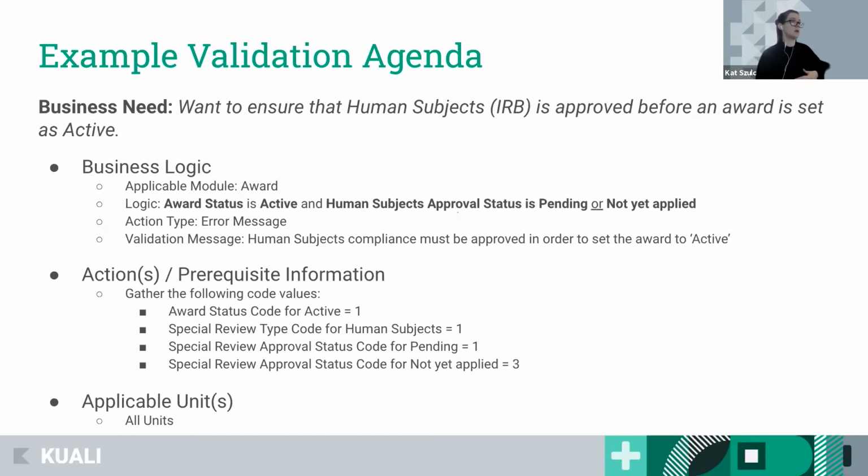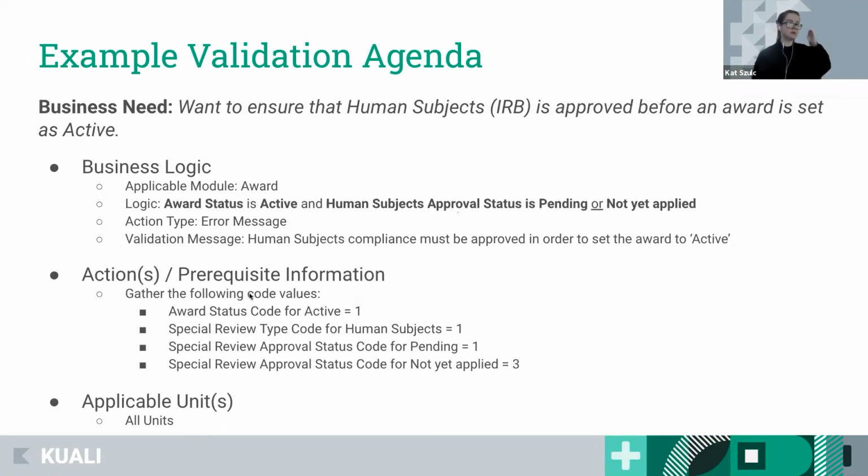And basically what I'm going to see, if an award status is active and human subjects approval status is either pending or not yet applied, I want the system to give an error message to the user when they try to submit that award, that the human subject's compliance must be in approved status in order for the award to be considered active or set to a status of active.